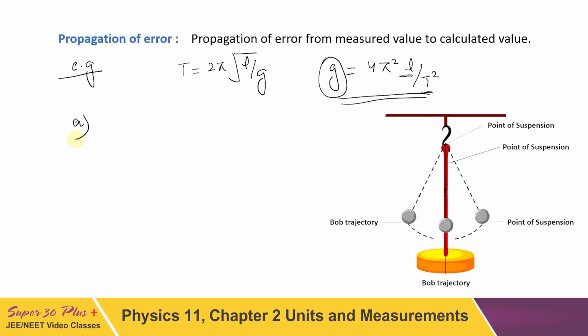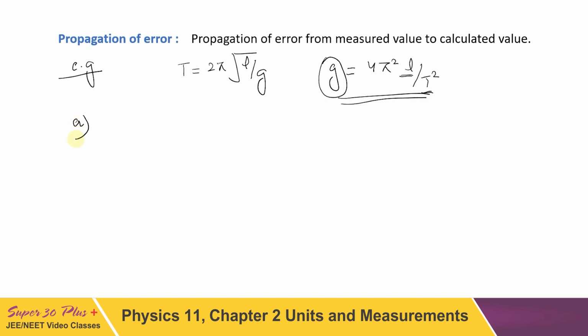First is, if the dependence is of the type where a physical quantity Z depends on two other physical quantities as Z is equal to A plus B or A minus B, then absolute error in Z would be equal to absolute error in A plus absolute error in B. Always remember, even if it is a minus sign here, that is Z is equal to A minus B, then also absolute errors are to be added, because after calculation error has to be increased.